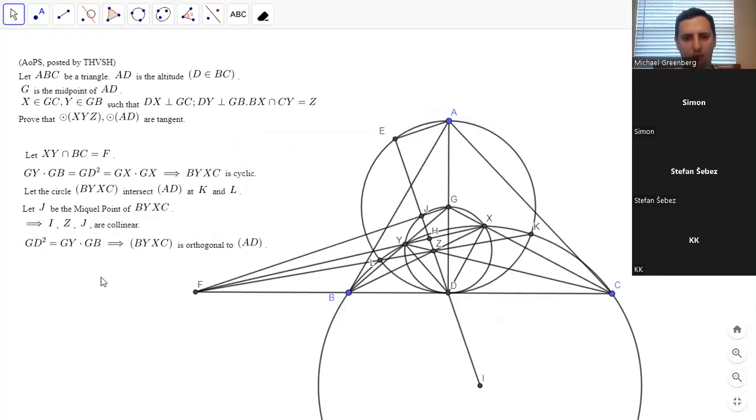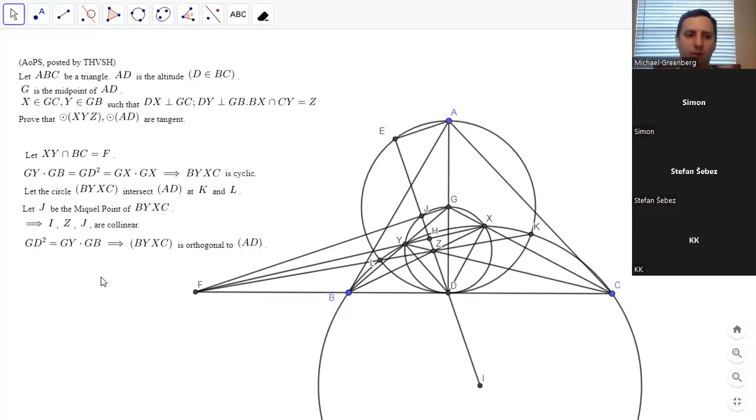Okay, so what is the next step here? I think you should say Y, F, L, Z, and K are collinear. Okay. And that is because those four make the polar of G with respect to BYXC.